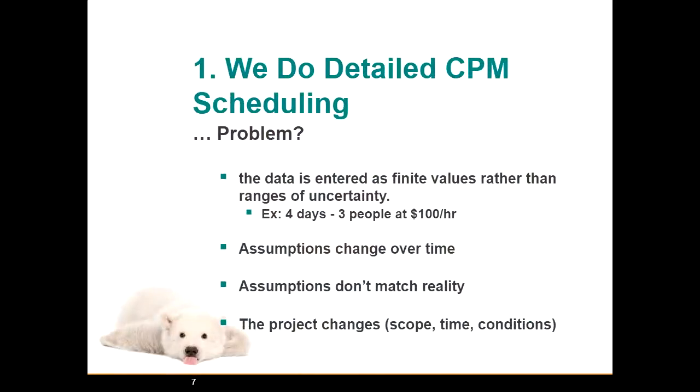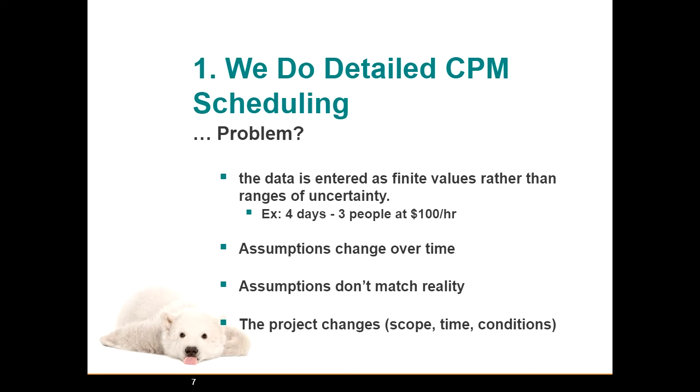Well, we do detailed CPM scheduling, but there's a problem, and that's that the data we enter is in finite values rather than ranges. So we'll say that job's going to take 4 days with 3 people at $100 an hour. Well, the problem is the assumptions change over time, or maybe they don't match reality. Maybe they never matched reality. And things change.